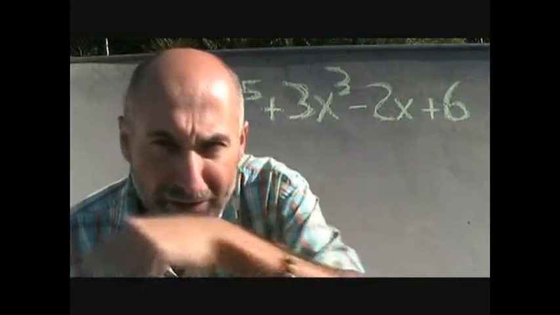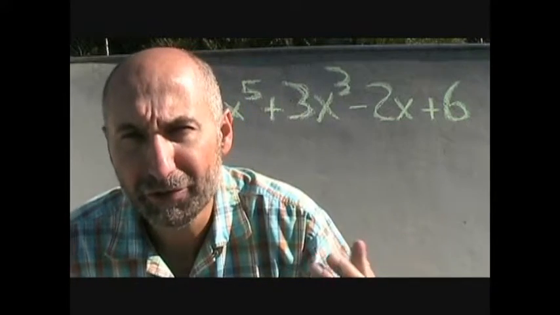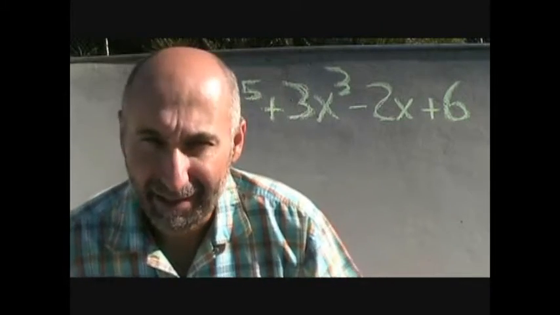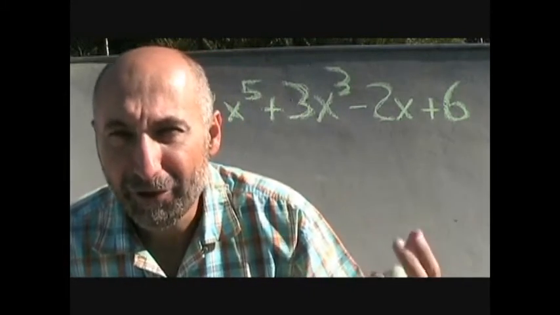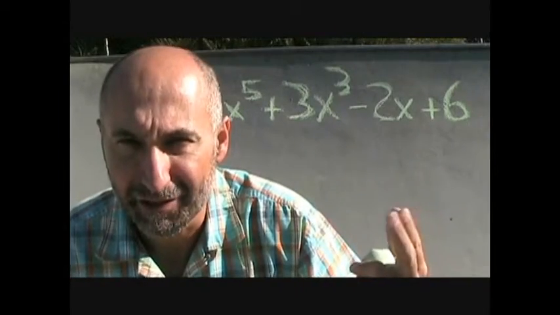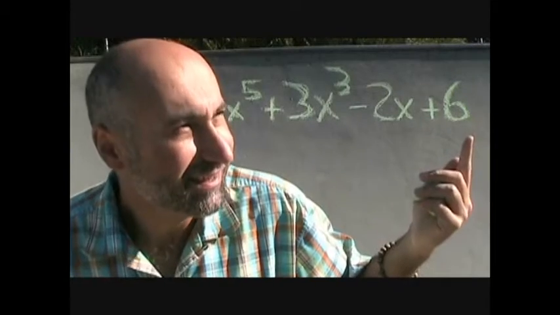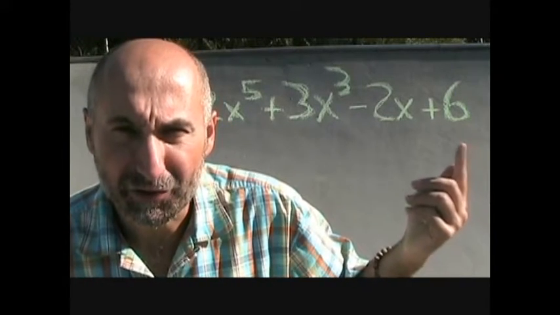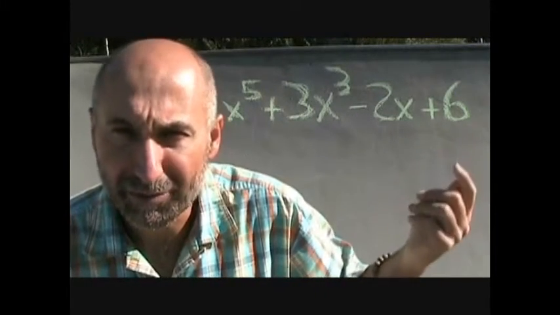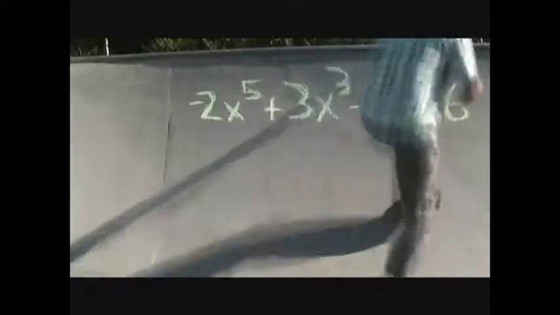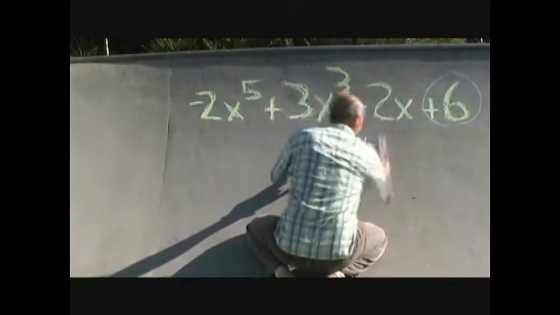But in general, the questions you're going to get in exams and your homework assignments are going to be ones that work out initially with the lowest terms. So possible factors of 6 are going to be plus or minus 1, plus or minus 2, plus or minus 3, or plus or minus 6, right?